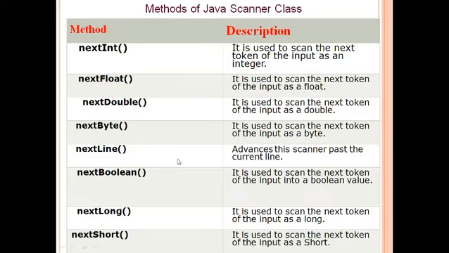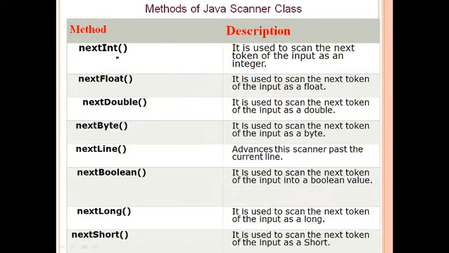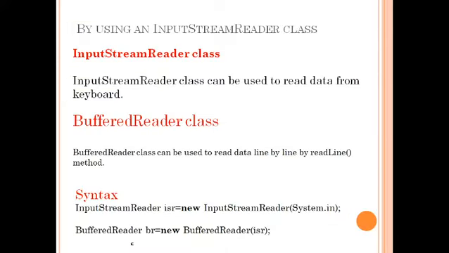The first method is nextInt. nextInt is the first method which we use at the time of accepting an integer value. nextFloat is used to scan the next token of the input as a float. nextDouble is used to input the double value. nextByte is used to accept the byte value. nextLine is used to accept the string values or the current line. nextBoolean for the boolean value, nextLong for the long values, and nextShort for the short values.